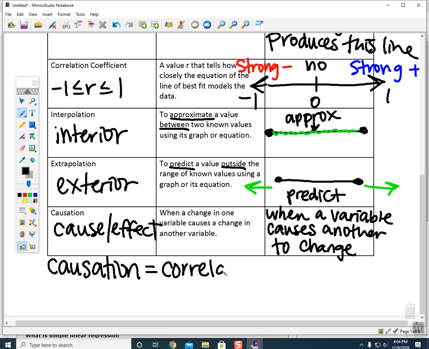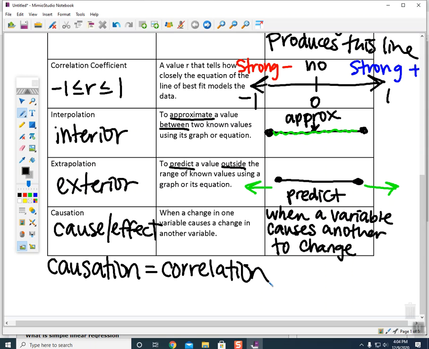They're correlated to each other. Okay, and so if you think about my example of the more hours I work, the more money I get paid, right? So that would be an example of causation. The hours that I'm working causes me to have more money.